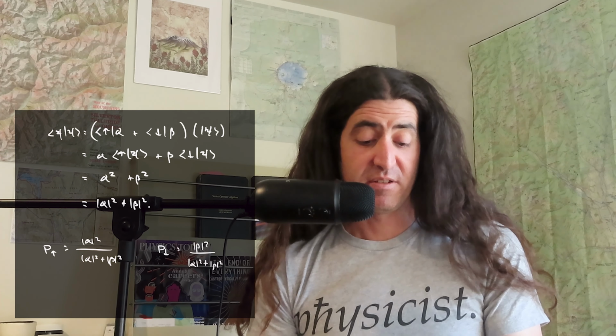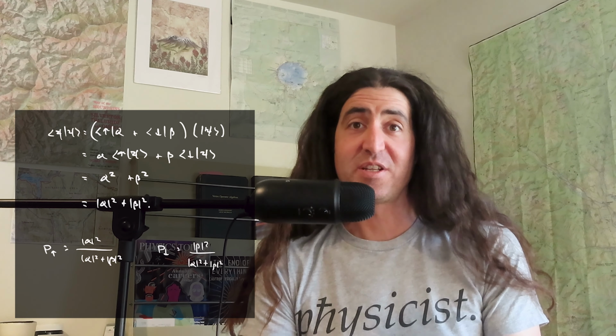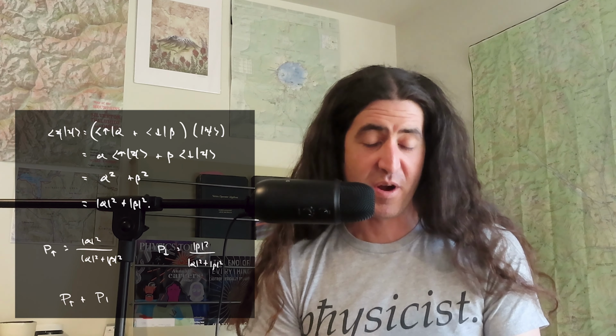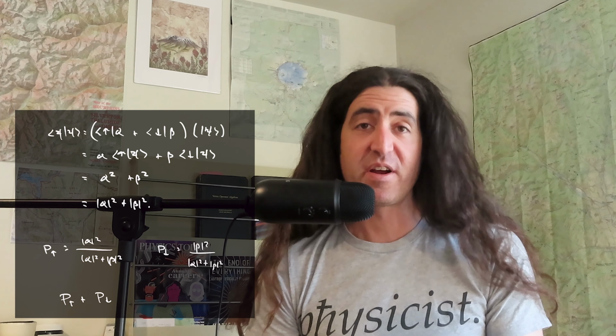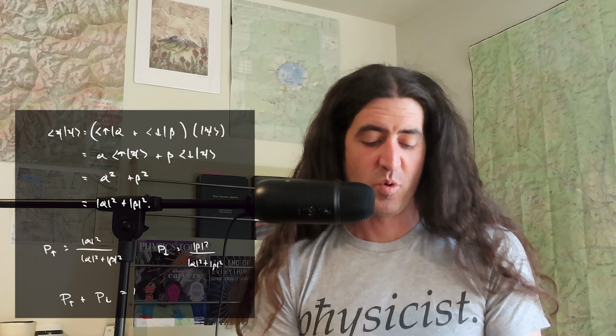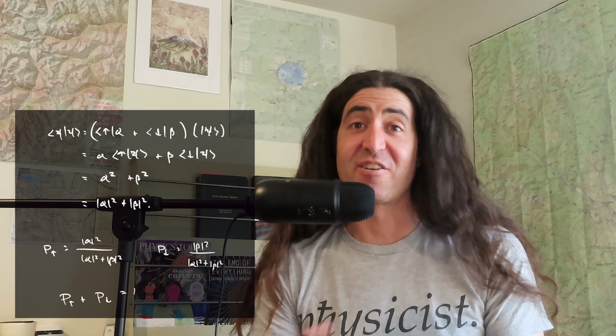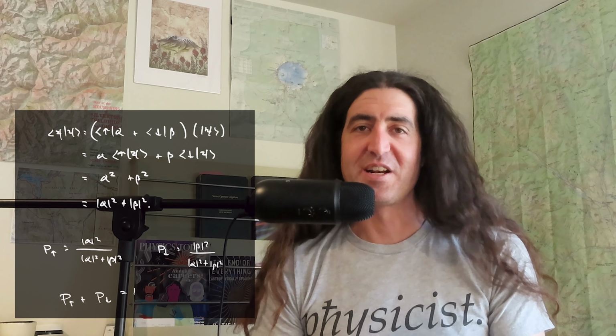And of course, in this particular instance, alpha squared plus beta squared divided by alpha squared plus beta squared. In other words, the probability of finding the particle in the up state plus the probability of finding the particle in the down state is equal to 1. In other words, it's a two-level system, and so it's got to be in either up or down configuration. Great. Okay, not so bad, huh?